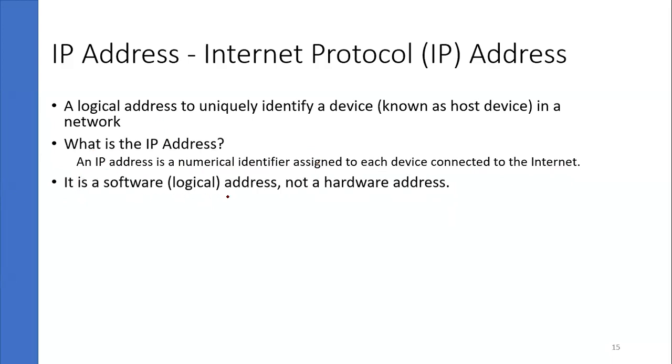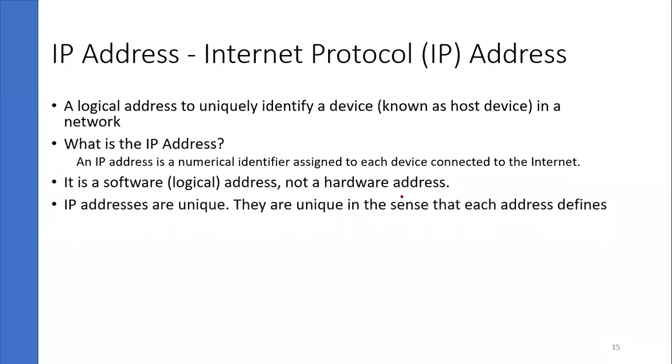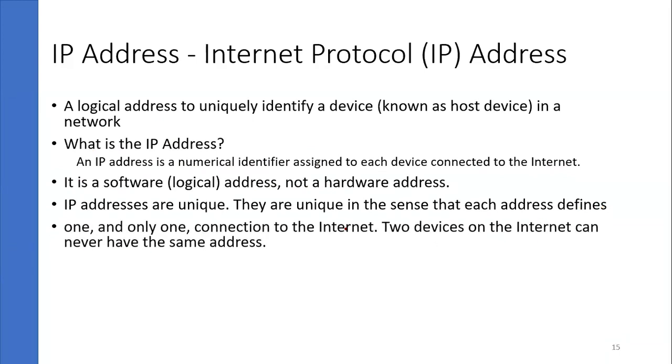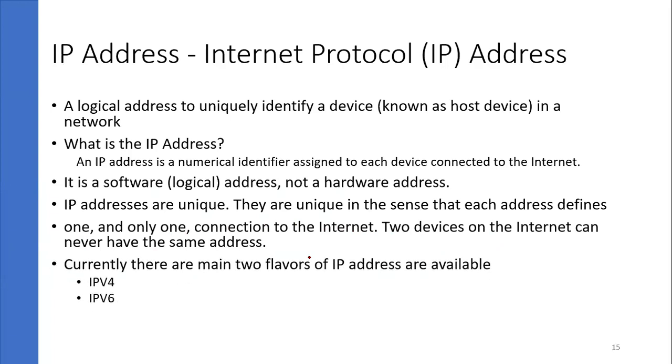It's a software logical address, not a hardware address. IP addresses are unique in the sense that each address defines one and only one device connected to the internet. Two devices on the internet cannot have the same address. So we don't have the same address for different devices.